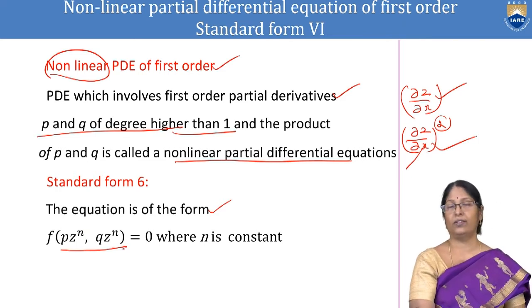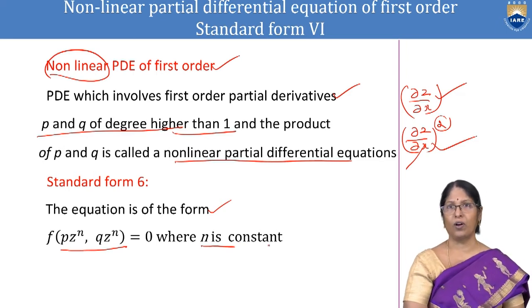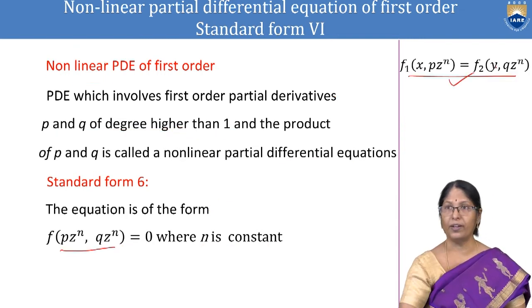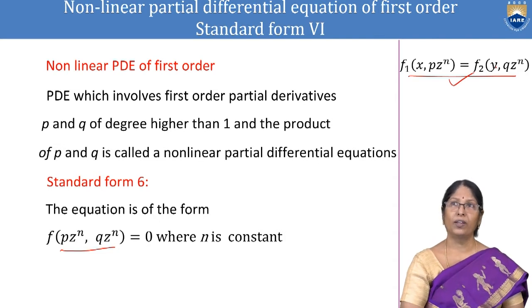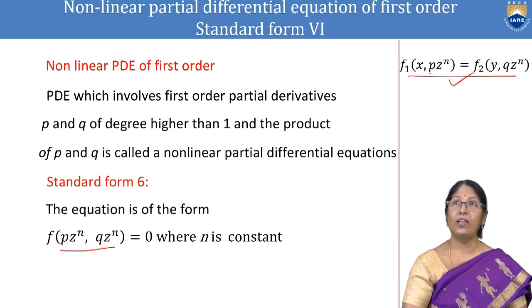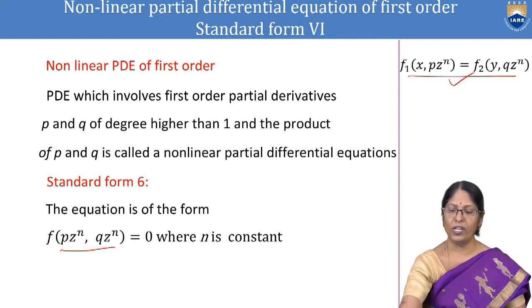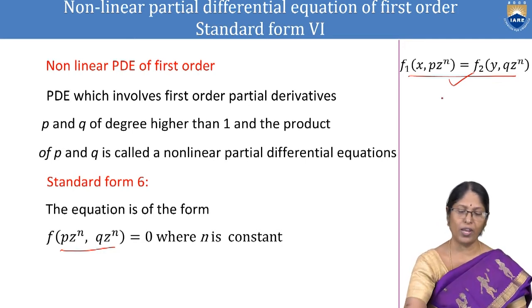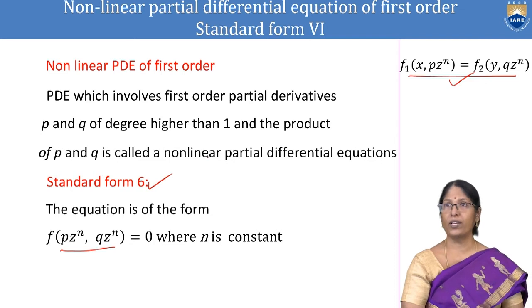Q into z, that combination, z should have some power, and that power n is nothing but a constant. In this way also we can say the given equation can be grouped as x and p z power n, otherwise y, comma, q into z power n. This is also the notation of standard form 6.